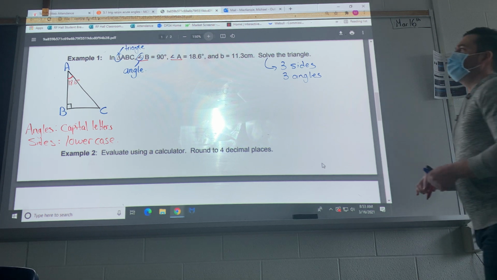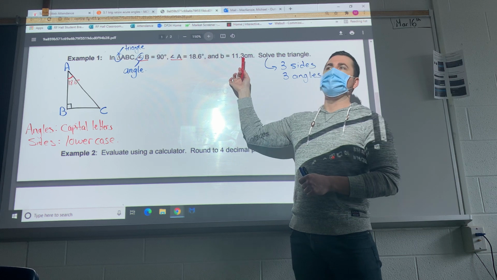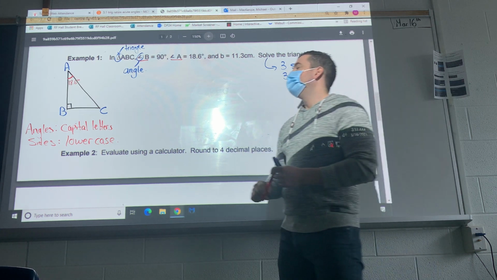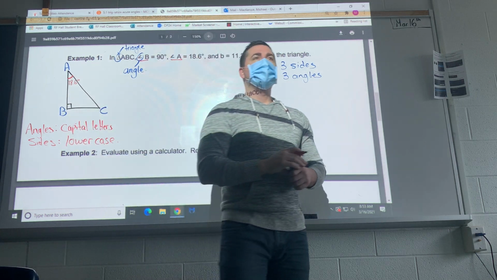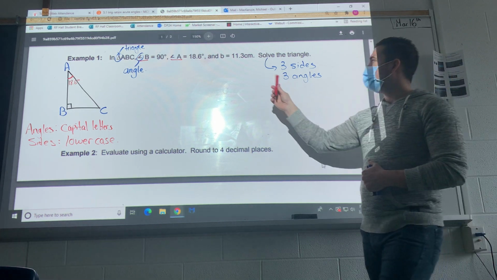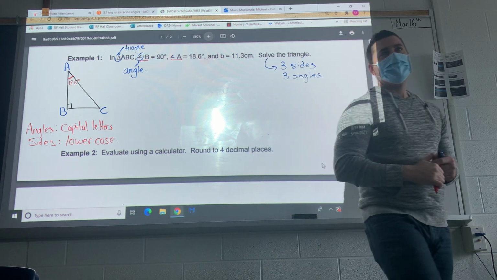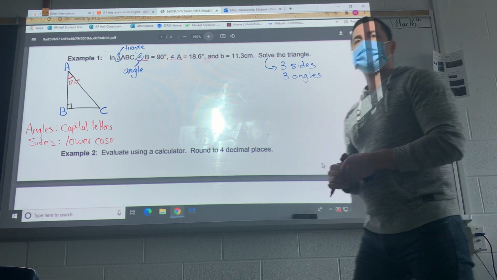Okay, so the last part says little b is 11.3. So this lowercase means it's our side. Now this is important. Which one of these three would represent side b? So where would side b be? If you guys remember this from last year. And at home you guys could say it as well.